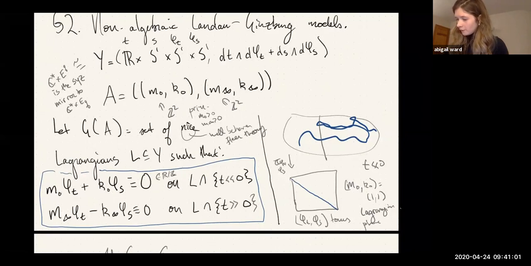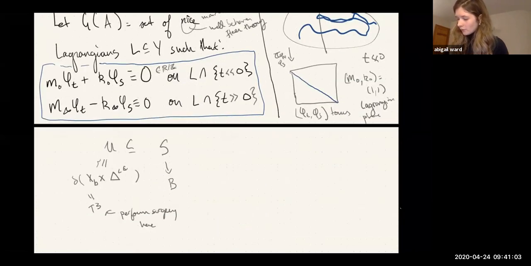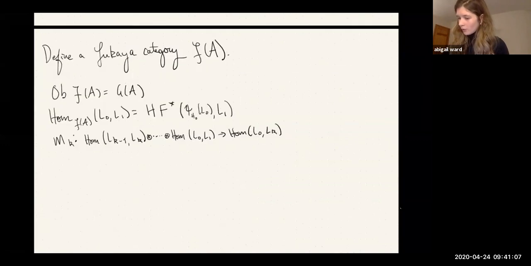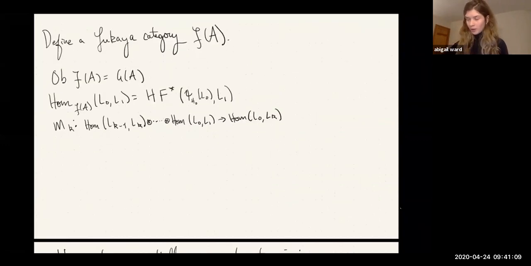So now I'm going to define a Fukaya category that has objects being these things. The objects of my Fukaya category are going to be given by the Lagrangians in the set G_A. Morphisms are going to be given by perturbing the Hamiltonian at the ends.